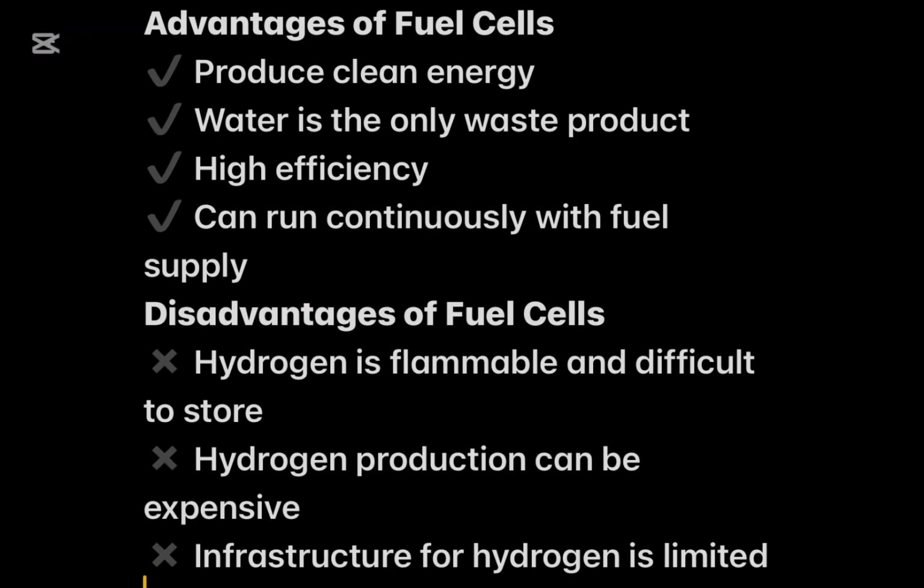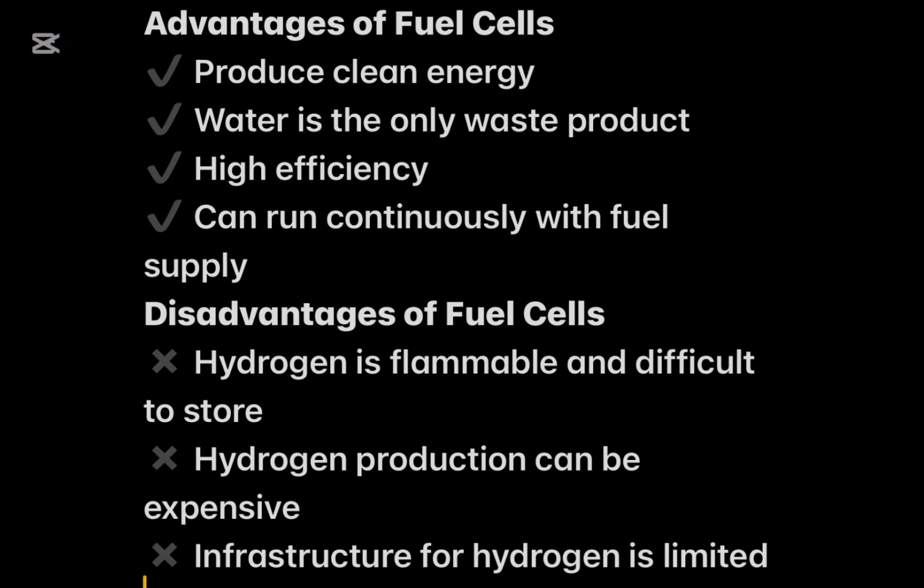Now let's talk about the advantages and disadvantages of fuel cells. Advantages: produces clean energy. Water is the only waste product. High efficiency, and can run continuously with fuel. Now, what are the disadvantages? Hydrogen is flammable and difficult to store.